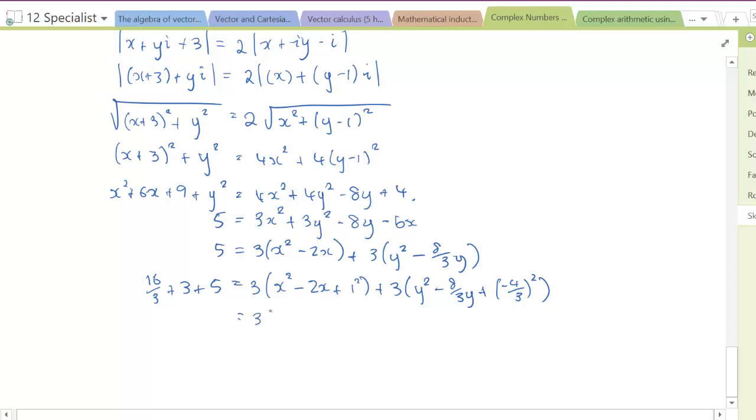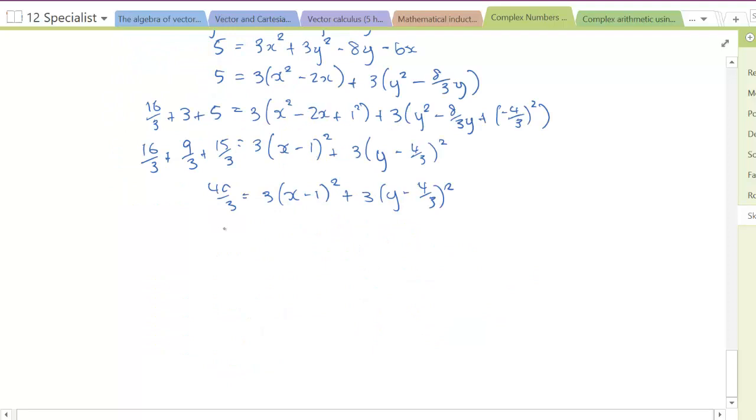So now we have 3 lots of x subtract 1 all squared, 3 lots of y subtract 4 on 3 all squared, and we've got 16 on 3 plus 9 on 3 plus 15 on 3 gives us 40 on 3. Now we'll have to divide both sides by 3, so now we have 40 on 9 is equal to x take 1 squared plus y take 4 on 3 squared.